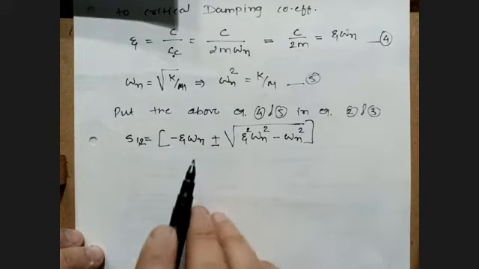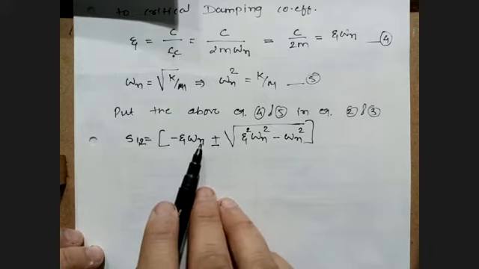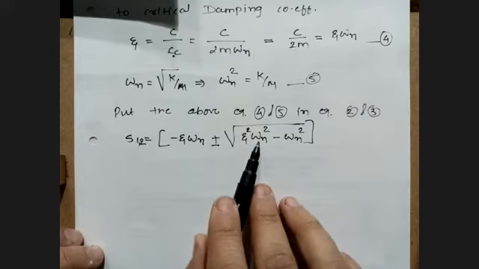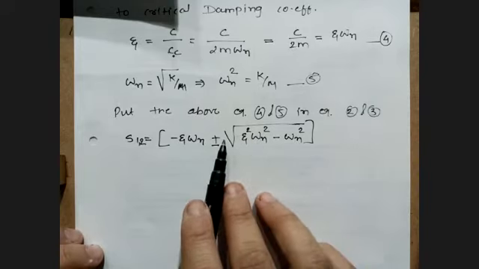As you can see, omega n is a common term, and omega n square is common under the root. If you take it out from the root, it gives omega n itself.